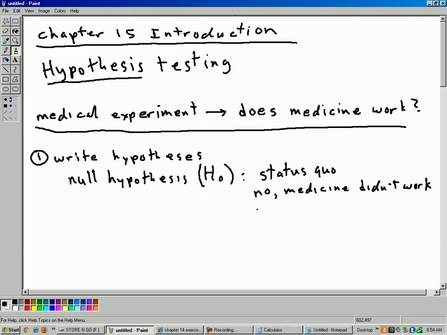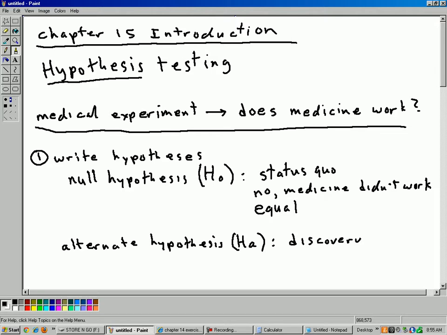So you could say something like that the two groups are equal somehow, and usually you use an equal sign somewhere in your statement of your null hypothesis. And then you have the alternate hypothesis, which is often abbreviated HA. In our statistics book, we'll abbreviate it HA. And that is the discovery of some kind. Or it's yes, the medicine worked, or whatever the question is.